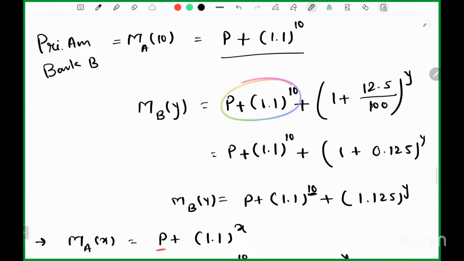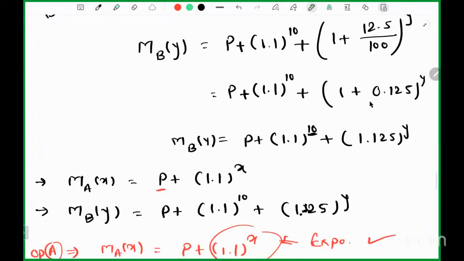So here the function MB of Y will actually represent the amount in bank B after Y number of years. So here this will work as a principal amount, and then the formula as it is, that principal amount plus 1 plus interest rate upon 100 to the power number of years, right? So here we are taking Y number of years, so that's how you can compute MB of Y.